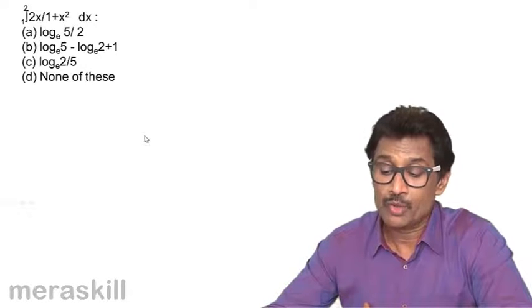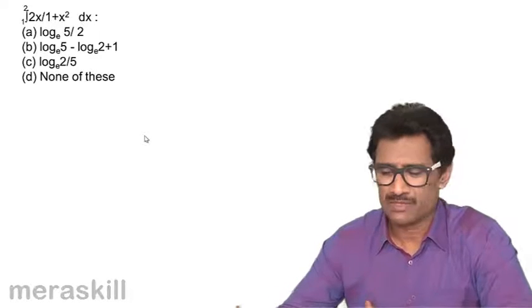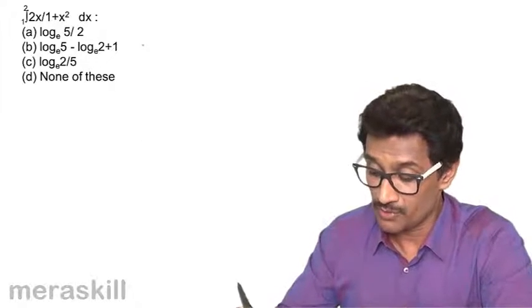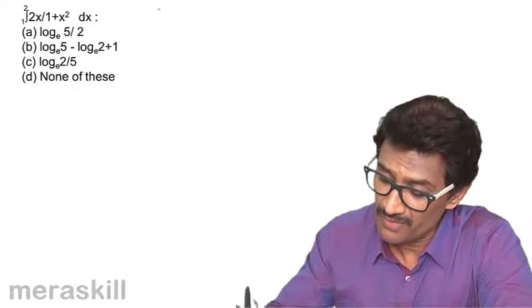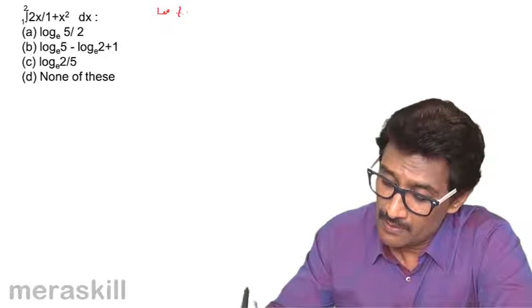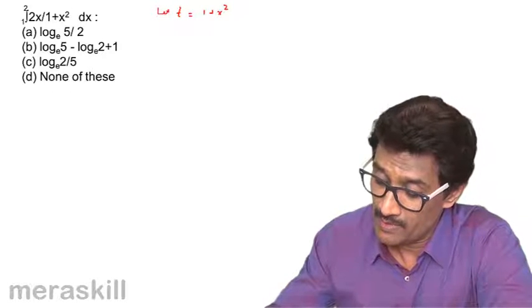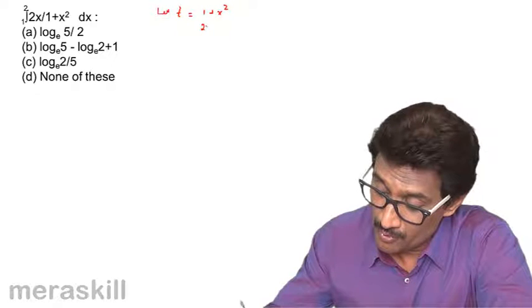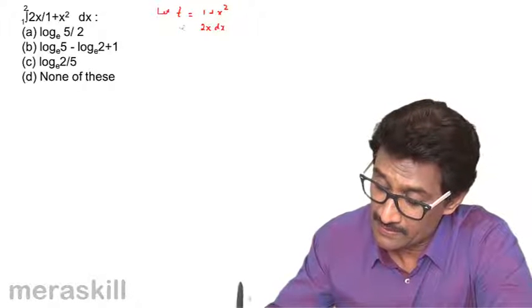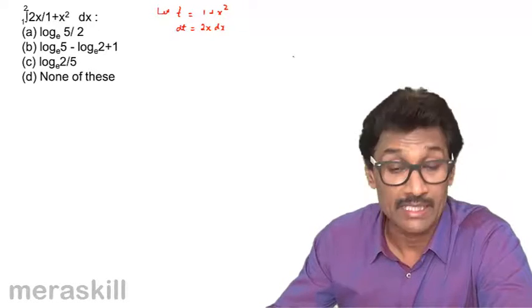Okay, now we have 2x upon 1 plus x square, which is similar to just the concept of substitution. So we can say let t be equal to 1 plus x square. So we have 2x dx is equal to dt.